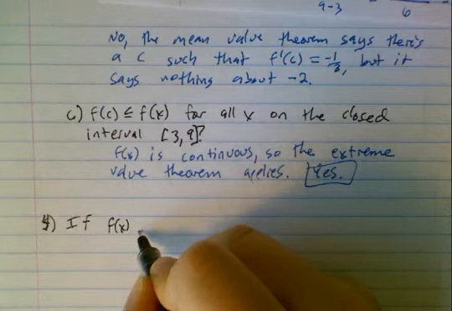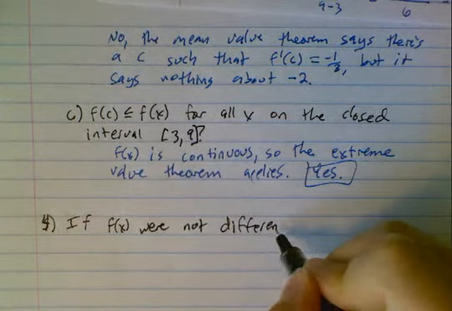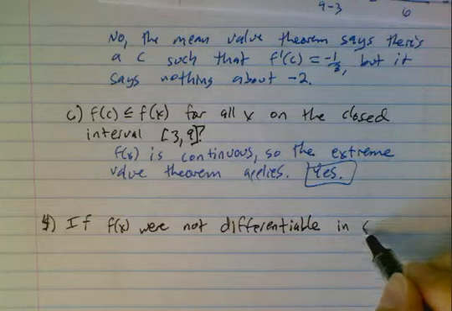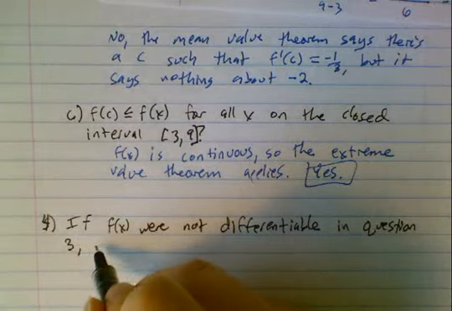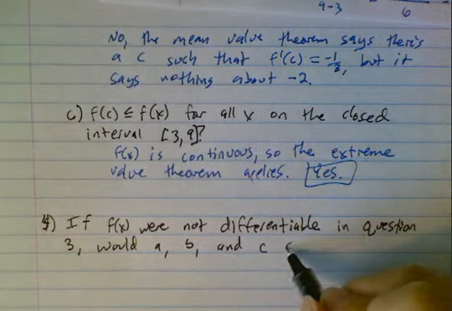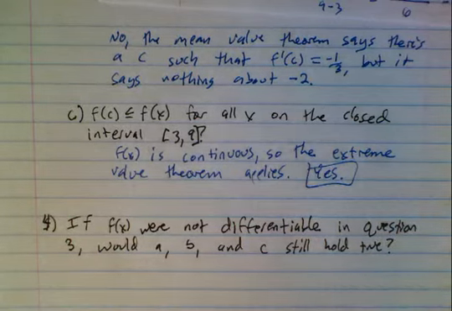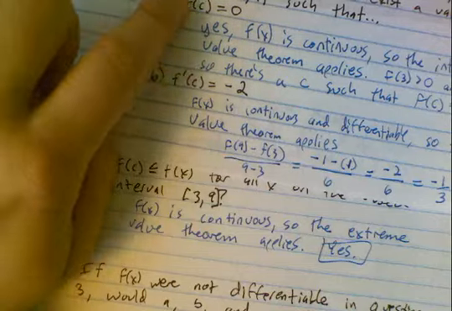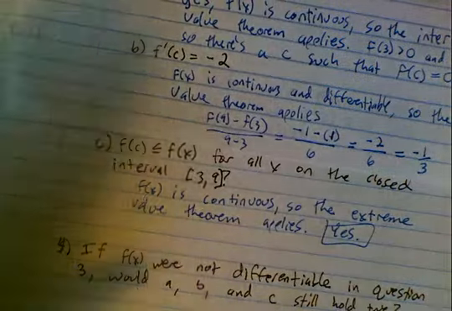If f of x were not differentiable in question 3, would A, B, and C still hold true? So remember, for part A, that was the intermediate value theorem, B was the mean value theorem, and C was the extreme value theorem.